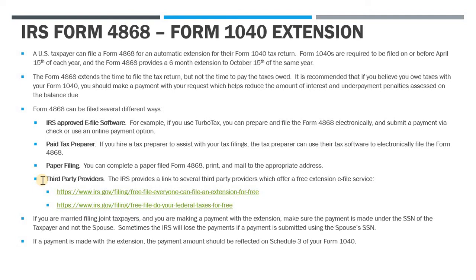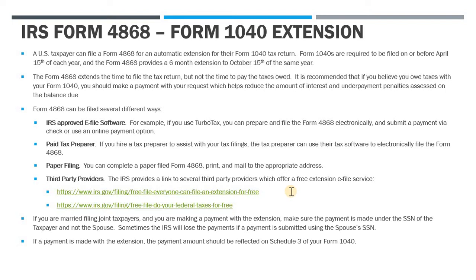So the IRS has links to several what they call approved third-party e-file providers, which even offer the extension service for free. So if you visit this site here, irs.gov/filing/free-file, everyone can file an extension for free. Obviously, you can either type that in or Google it.